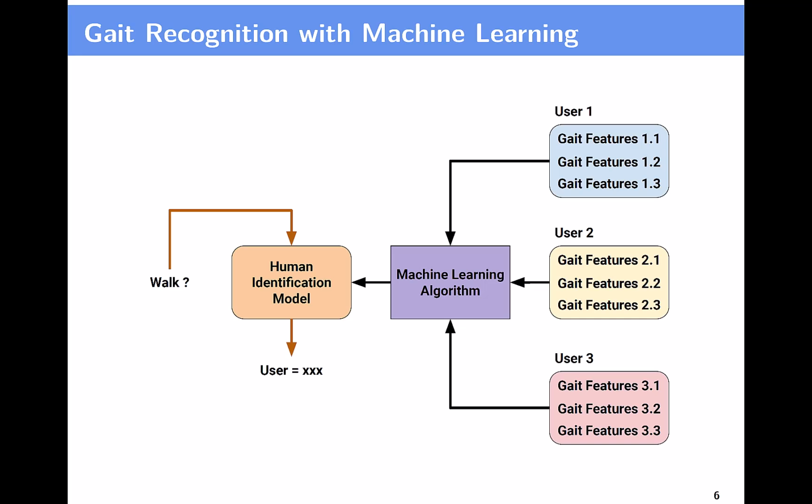From this human identification model, when we feed an unknown walk into the model, the model will return a user that can be identified, or the user with the closest gait features to the features represented by the model.